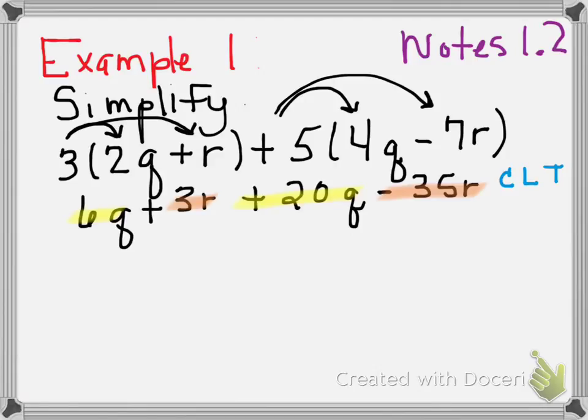So that will give me 26q by combining those like terms, and negative 32r by combining my r's.